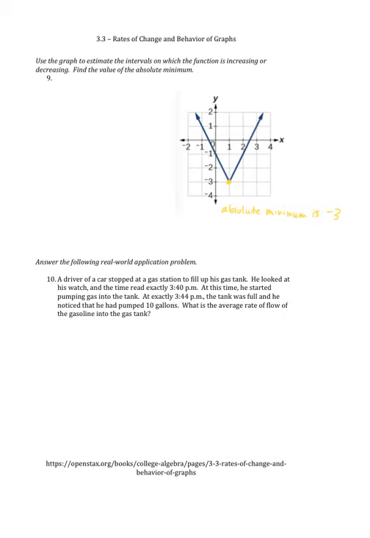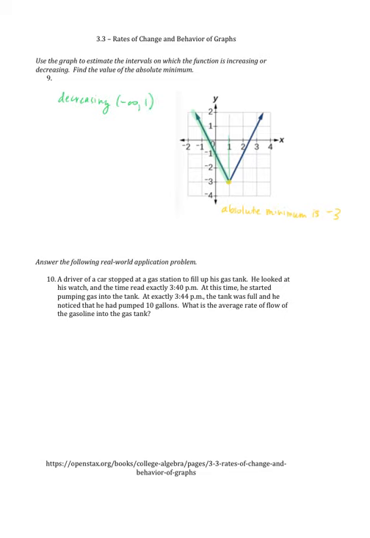So if I start on the left and I follow the graph, hopefully you can see that I am decreasing. And I decrease until I get to that absolute minimum. So my decreasing is going to start at -infinity, because it goes to the left forever, and it continues to go to the right until I get to 1.